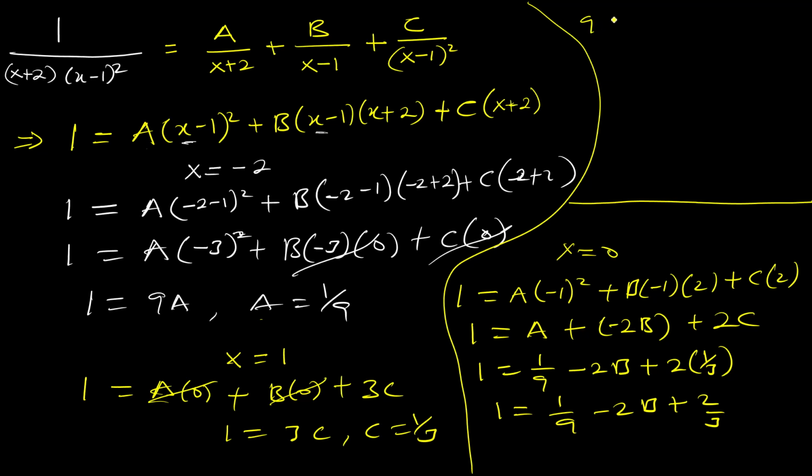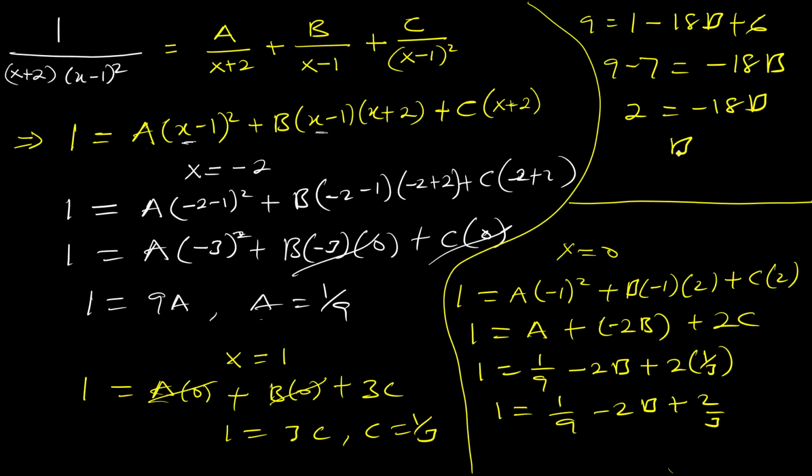So 9 equals 1, minus 18B, plus 6. So 1 plus 6 is 7. So we have 9 minus 7 equals minus 18B. So we have 2 equals minus 18B. Therefore, B is 2 over minus 18, which is minus 1 over 9.